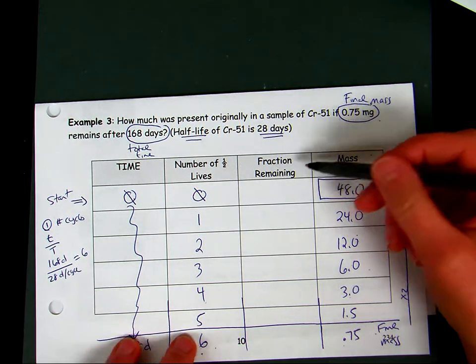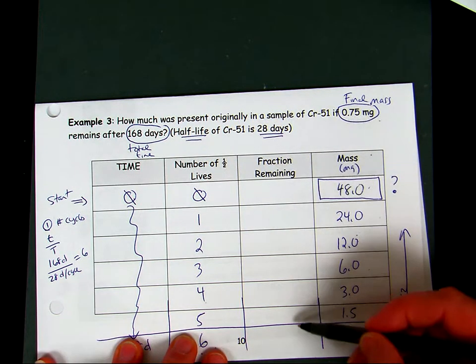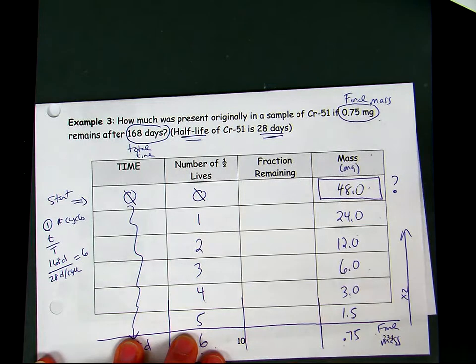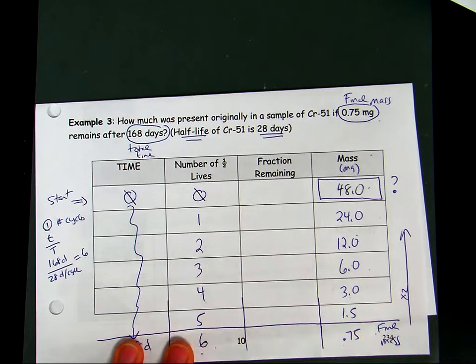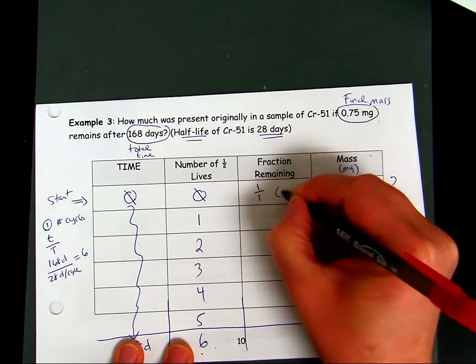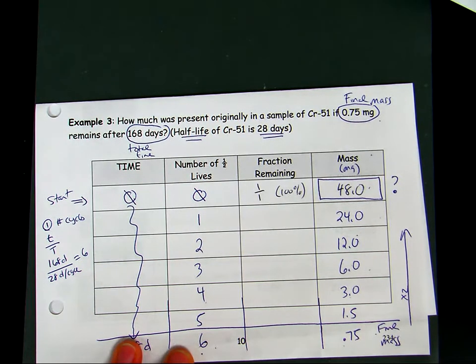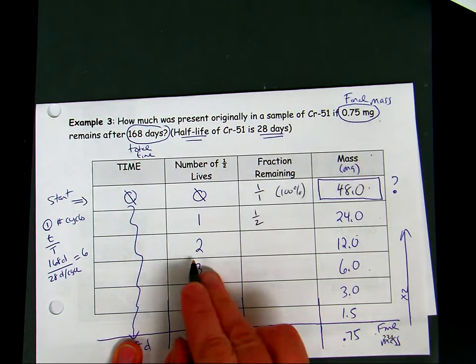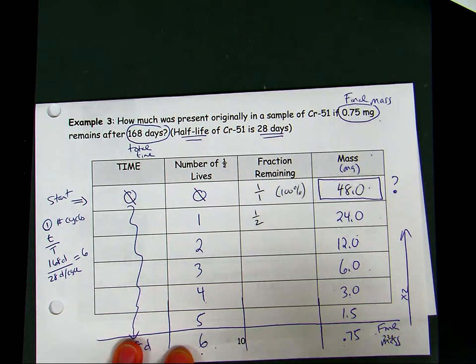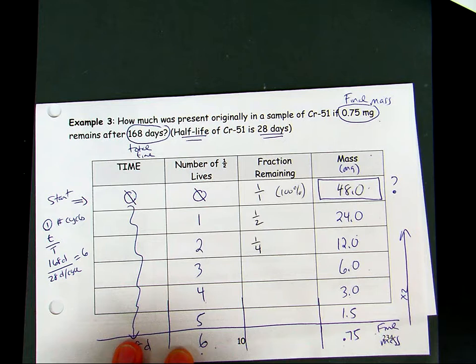And of course, you can go through and fill in the fractions or percentages to practice that. When 0 half-life cycles have passed, it's always a fraction of 1 over 1, or 100%. That never changes. At the end of the first cycle, half of the original remains. At the end of the second, it's cut in half again, so that's 1/4.